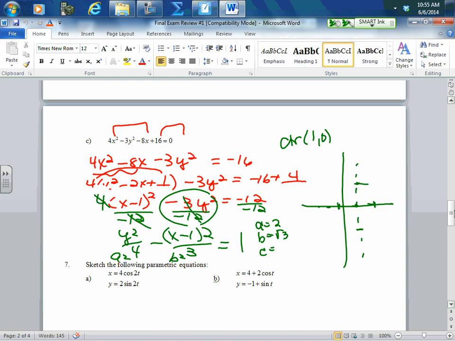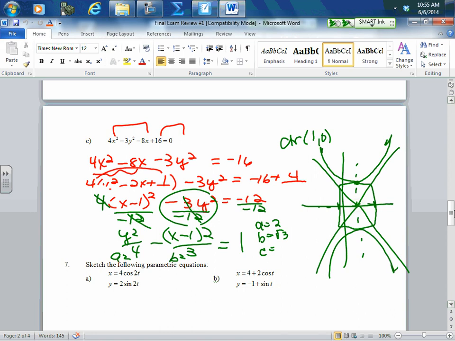This is your rectangle that you make. If this was an ellipse, that would be the oval that we use. And we send our asymptotes through here. That's what I use as a guideline to make the little parabolas here.